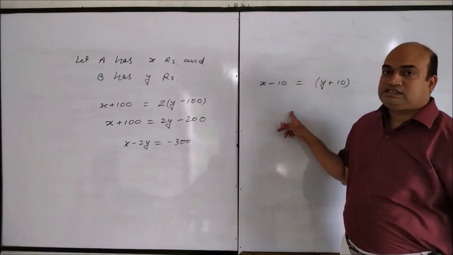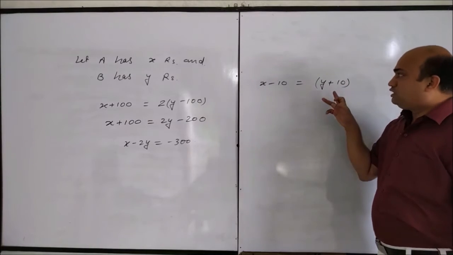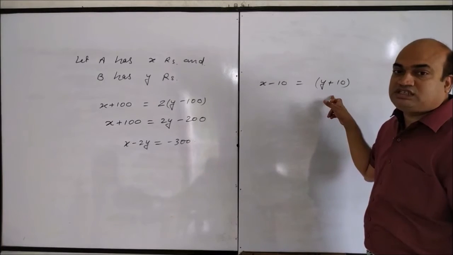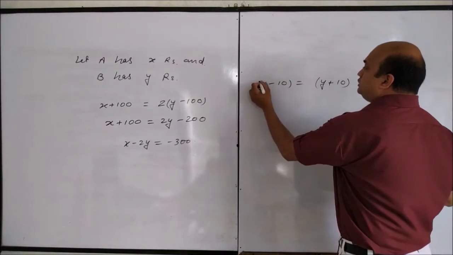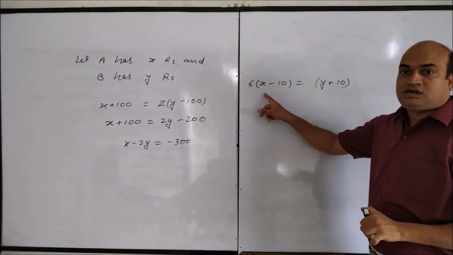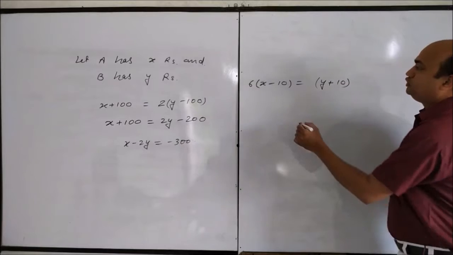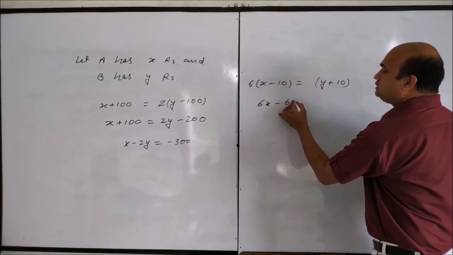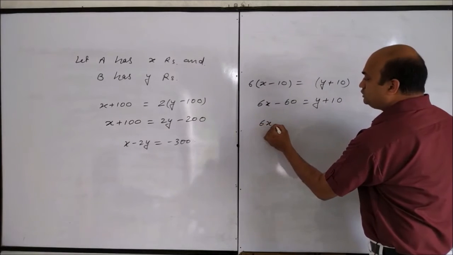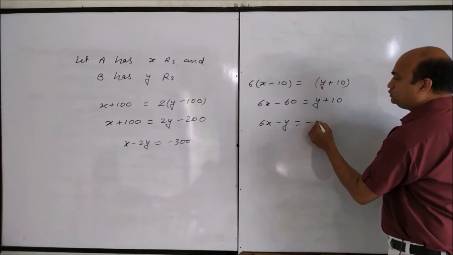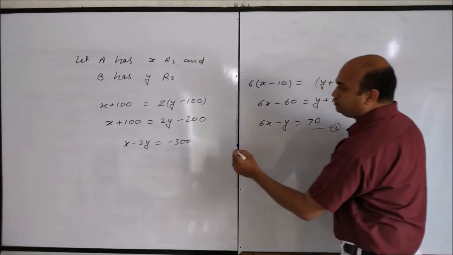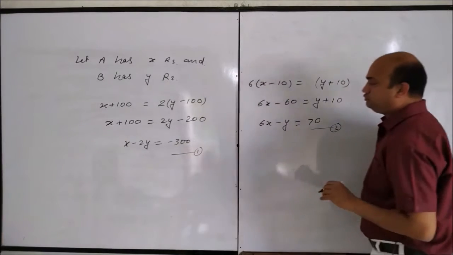In this case, A will be 6 times as rich as B. So multiply B's amount by 6, the amount of two will become equal. This will be 6x minus 60 is equal to y plus 10, or 6x minus y is equal to plus 70. This is the second equation and this is the first equation.